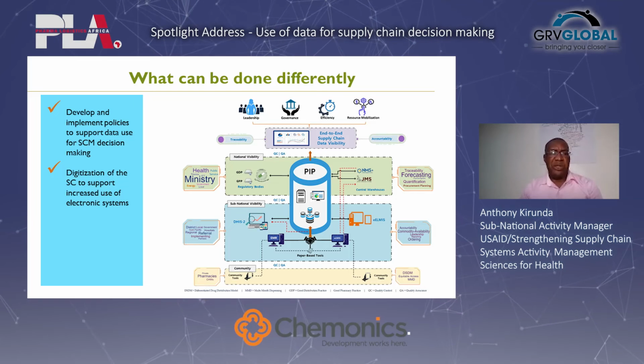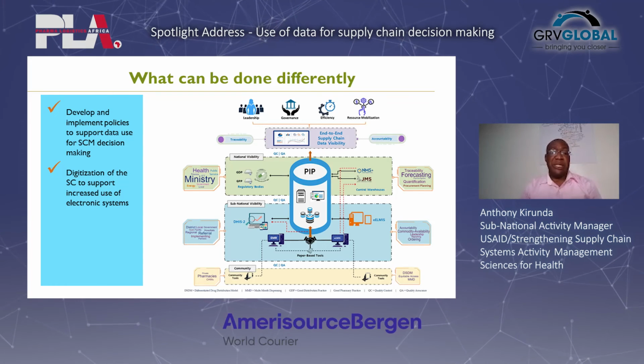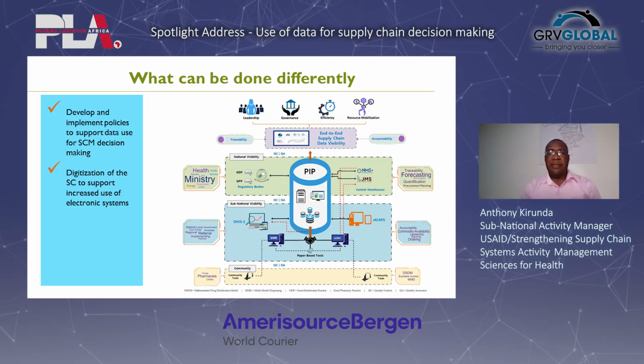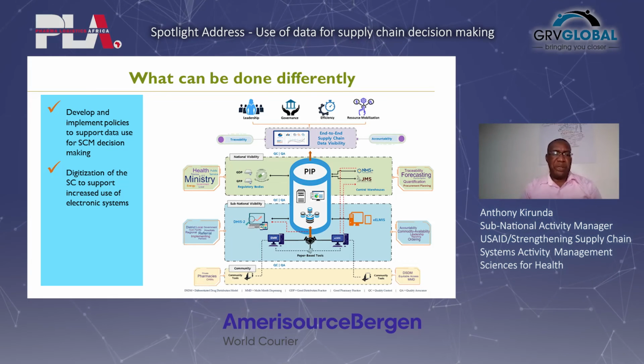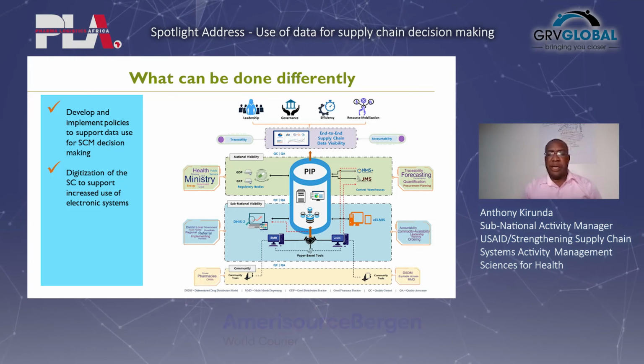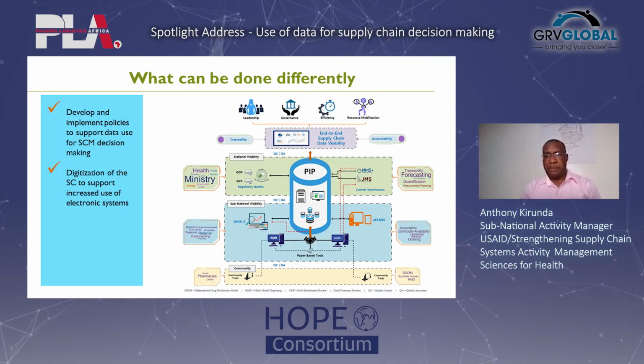One is that we need to develop policies and also implement them, which support data use in supply chain decision making. But the other is digitization of supply chain processes so that we can improve the visibility of data right from the sources.